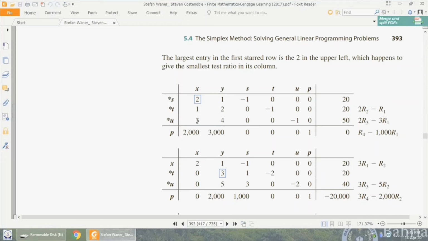So you can write that this is R3 into 2, or 2R3 minus 3R1, because this is the first row. So it's going to be 2R3, 6 minus 3R1, which is 6. So you have 6 minus 6 equal to 0 here in this row.